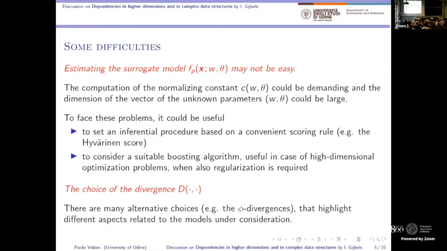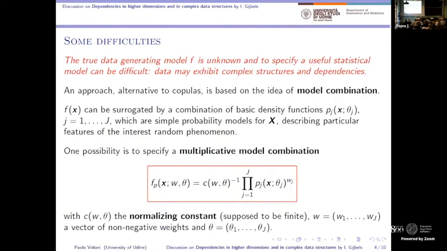To face this problem, one idea is to consider a set of inferential procedures different from the usual ones. For example, we may move from the classical log scoring rule to an alternative scoring rule. For example, the Hyvärinen score does not require the computation of the normalizing constant, which is given here.